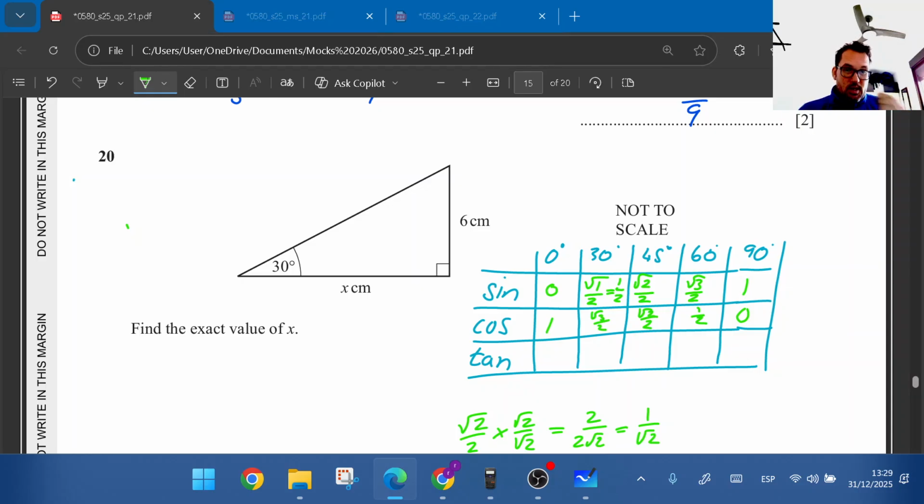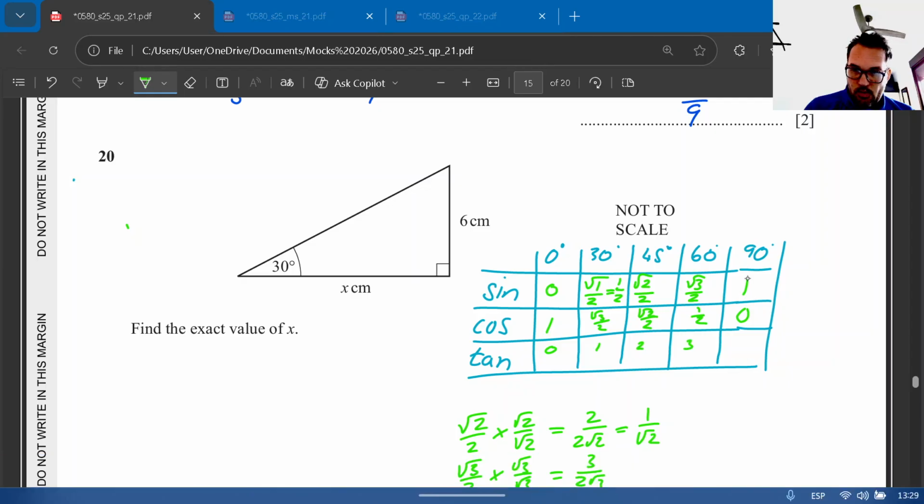Okay, tan is similar, slightly different. We do 0, 1, 2, 3, 4. We need to square root all of it. So that's the same. But then when we divide it, we just do it in reverse.